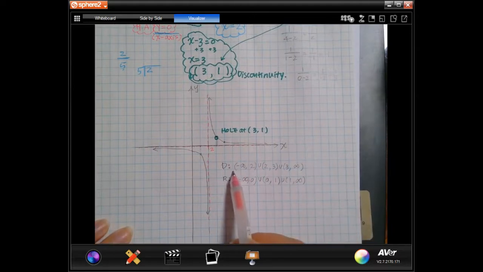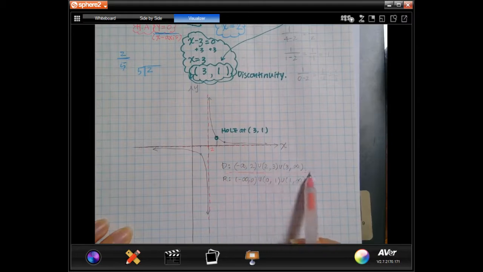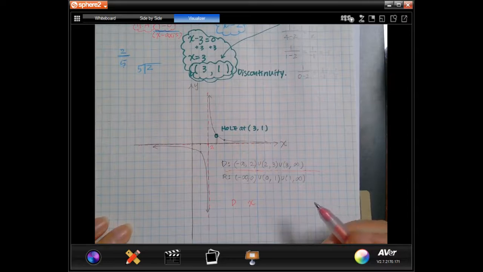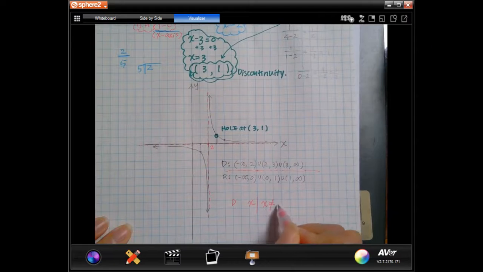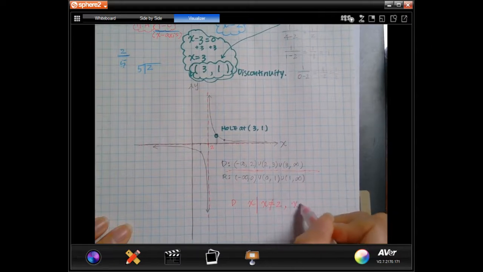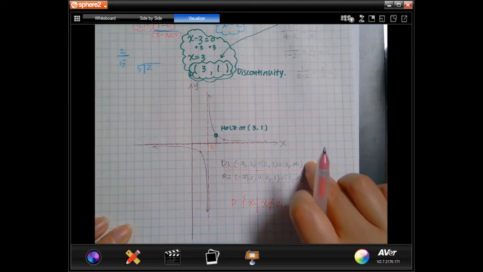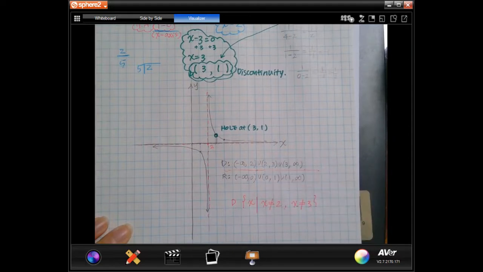For example, this is every single number throughout the whole horizontal axis but 2 and 3. Does that make sense? This can be expressed as all x values except 2 and 3. Then essentially this is saying the same thing with parentheses and union type of notation.